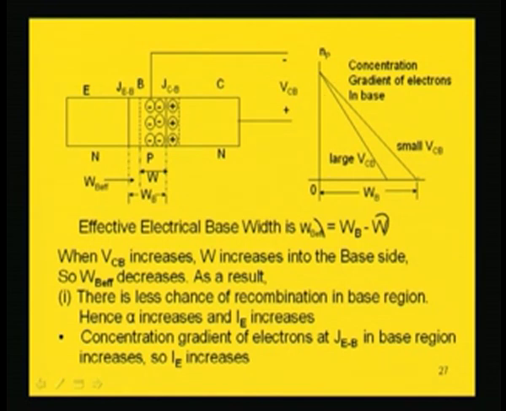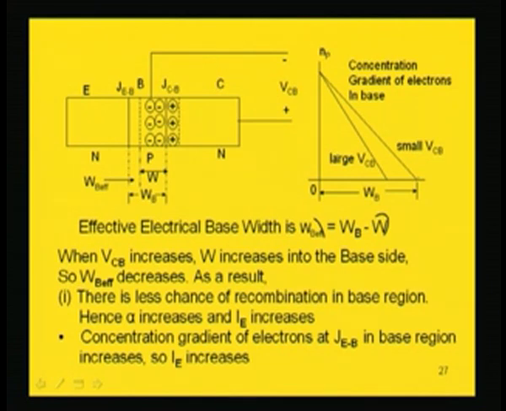Now, if this region is smaller, then the concentration gradient is more, that means you will be getting a steeper concentration gradient. As the concentration gradient is more, there will be injection of more majority carriers from the emitter to the base, because the diffusion takes place depending on the concentration gradient at the base region. So, we will be getting more diffusion of majority carriers from the emitter.